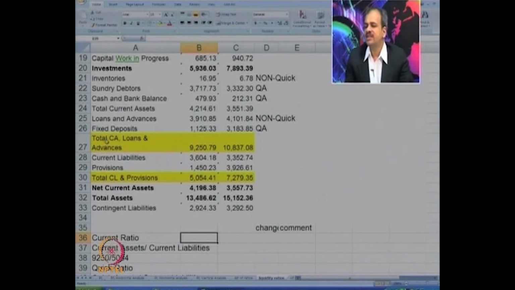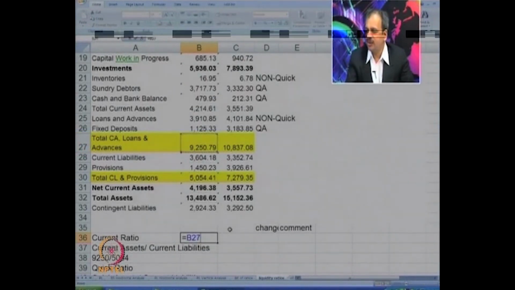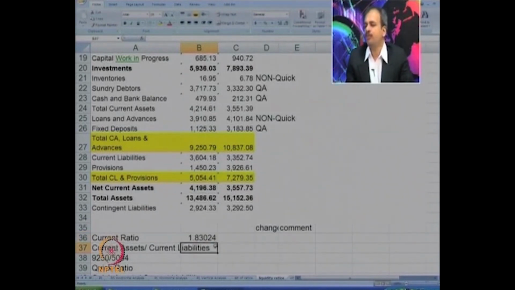As you know, this is the total current assets, loans and advances, which is the important figure, 9250, which is divided by the total current liabilities. Hence our current ratio is 9250 upon 5054. So 1.84, and if you drag it to the next year it becomes 1.49.